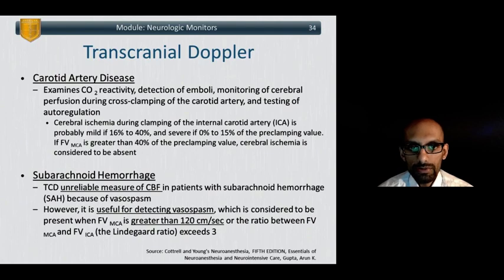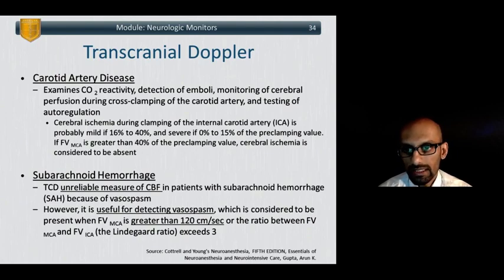Transcranial Dopplers can be used to assess the implications of carotid artery disease. It can examine CO2 reactivity, the detection of emboli, and the monitoring of cerebral perfusion during cross-clamping of the carotid artery during carotid endarterectomy, or testing of autoregulation. Cerebral ischemia during clamping of the internal carotid artery is probably mild if flow is 16 to 40%, and severe if 0 to 15% of the pre-clamping value.